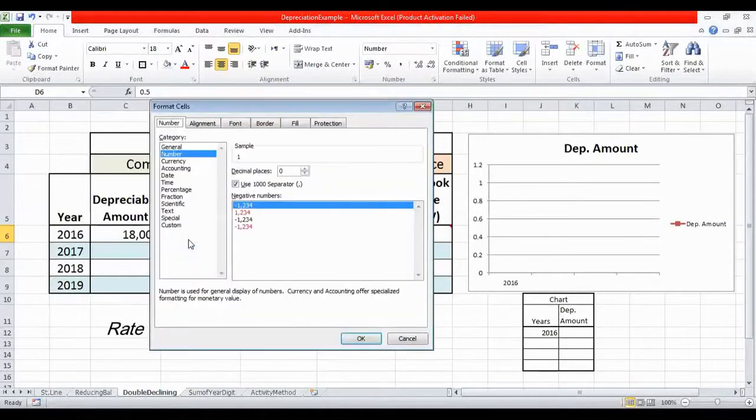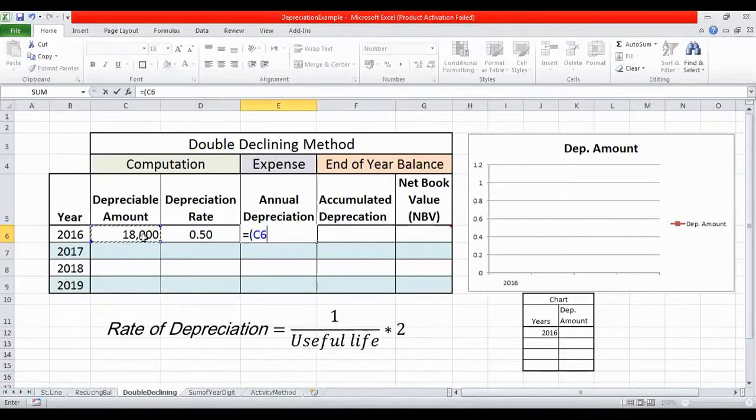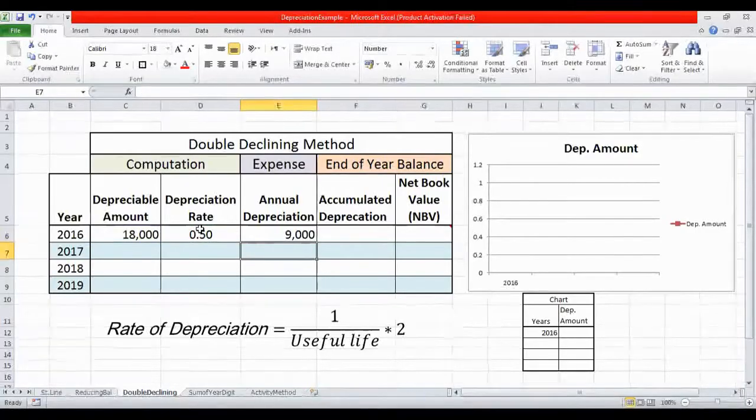Let's again change it to numbers so you can see 50%. Now, for the annual depreciation, again, totally the same method. In order to calculate the depreciation expense for a year, simply multiply the two values and it is going to give us the depreciation expense for this year. So the depreciation expense for this year is 9,000.